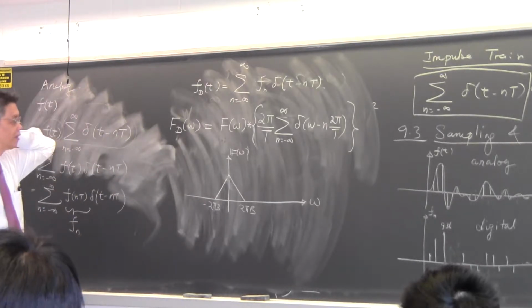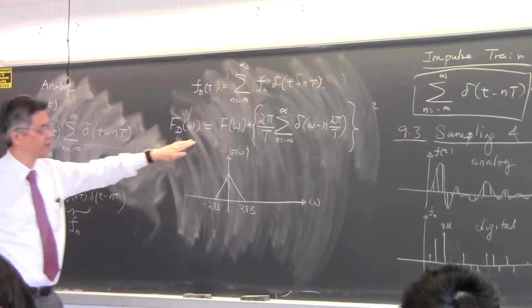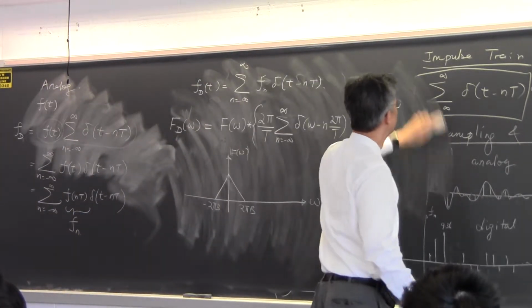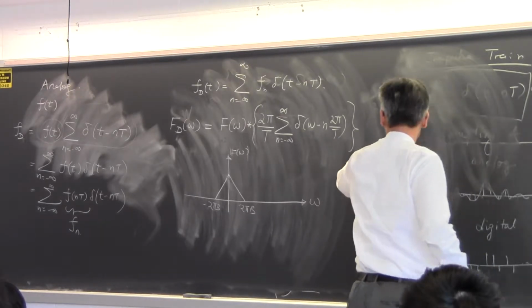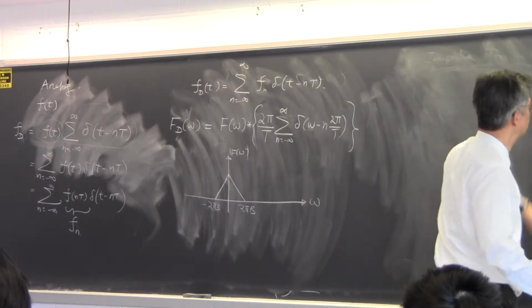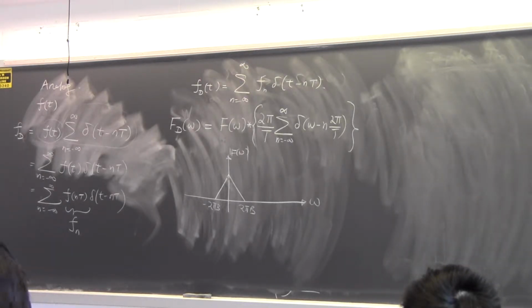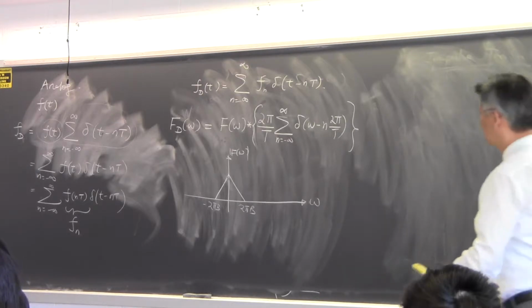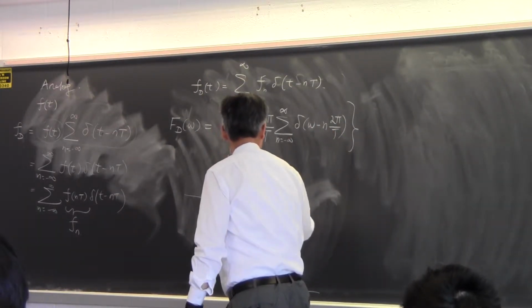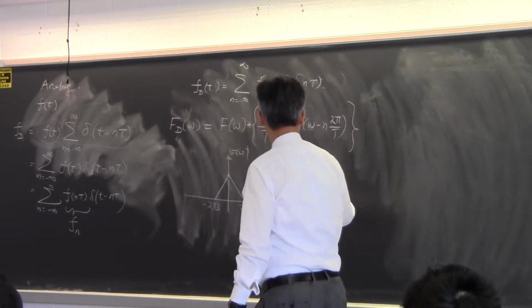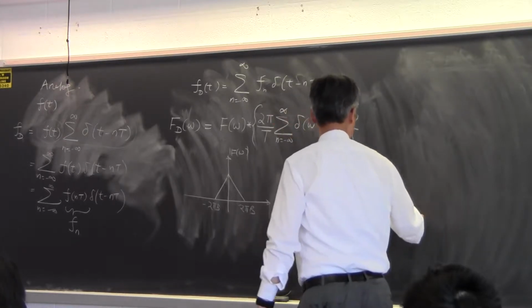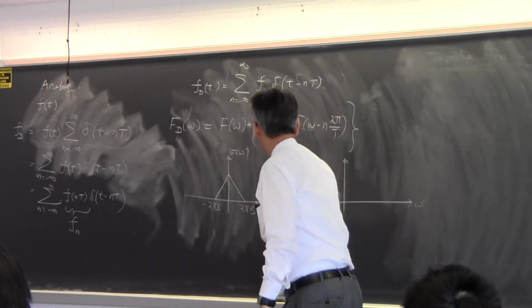It's quite easy to convolve a function with an impulse train. To save some space, I draw this picture smaller, convolving with a picture of an impulse train. This is omega.